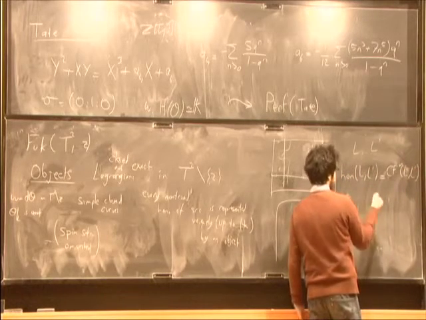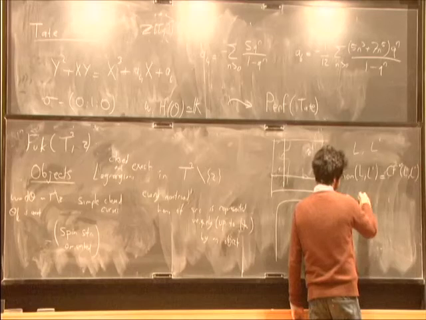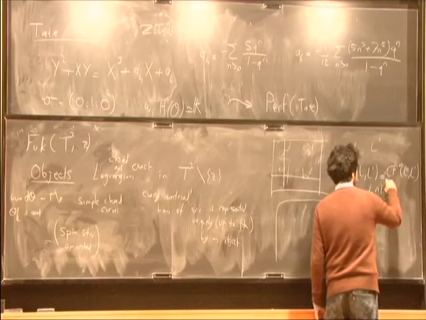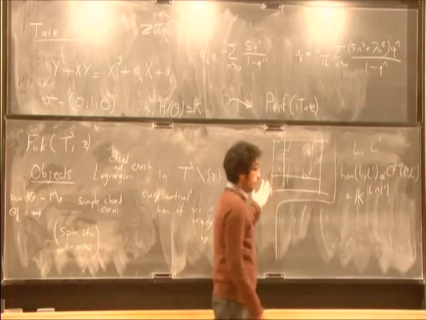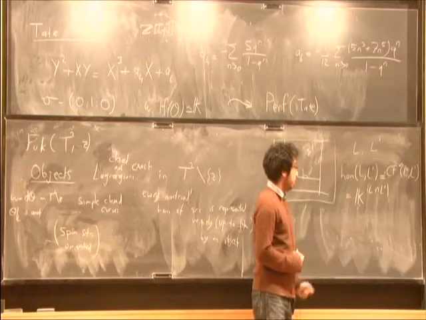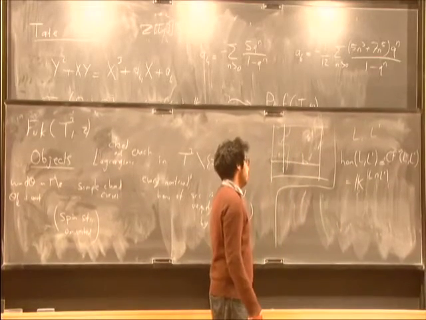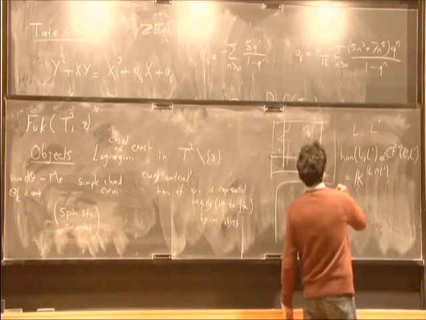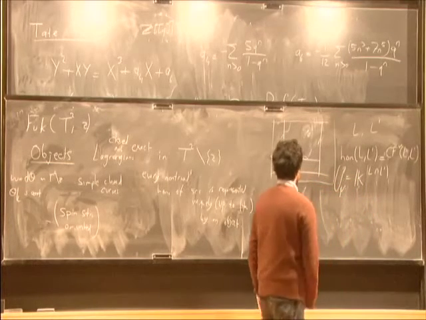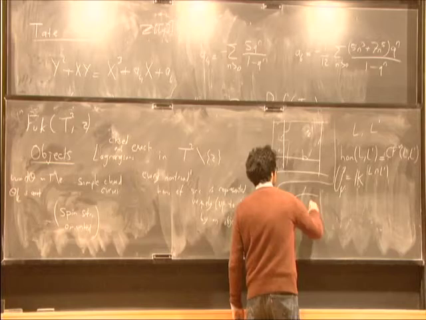Over the field K, it's just the intersections of L and L prime. If they are not transverse, you make them transverse, and then these are the morphisms. This morphism space comes with a differential μ1, which counts holomorphic disks like this.